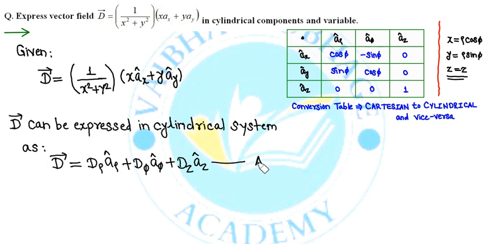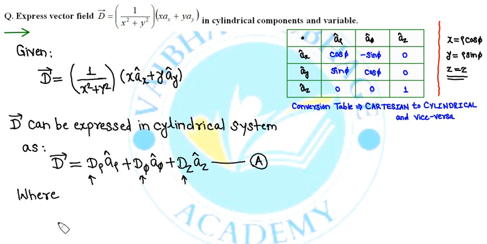Let me assign it as equation A, or any equation number. Whatever your vector D is, if it has to be expressed in the cylindrical system, it should be along the rho, phi, and z directions. Now what are this D rho, D phi, and Dz?